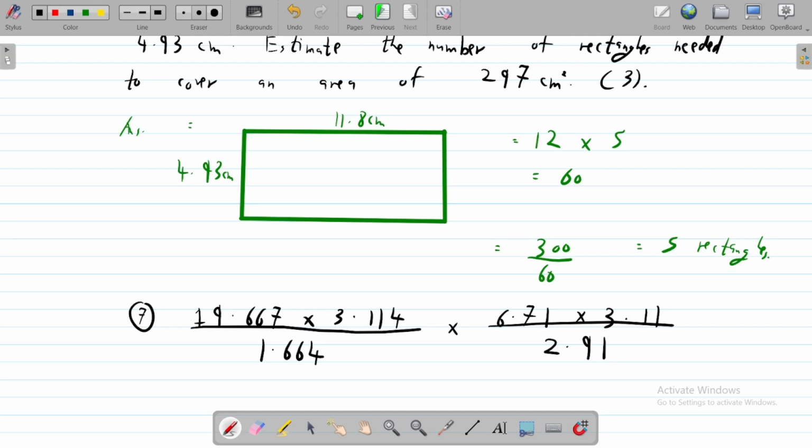Okay, do this one. This is the last one. Then we'll move on to standard form.